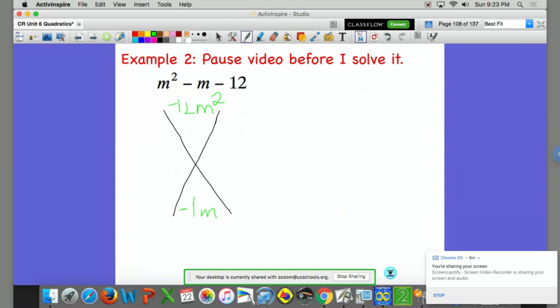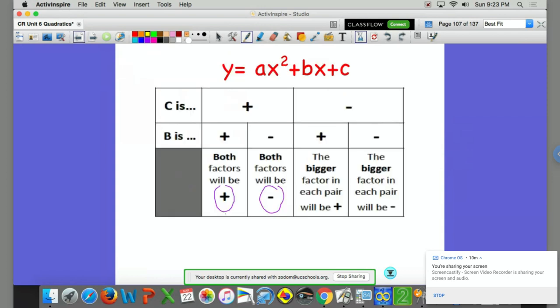So now we have to figure out our factors of 12. We've got 1 and 12, 2 and 6, 3 and 4. Now, if we go back to our chart, our C is negative and our B is negative.